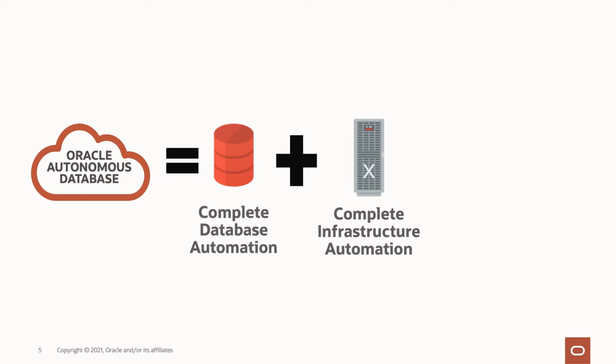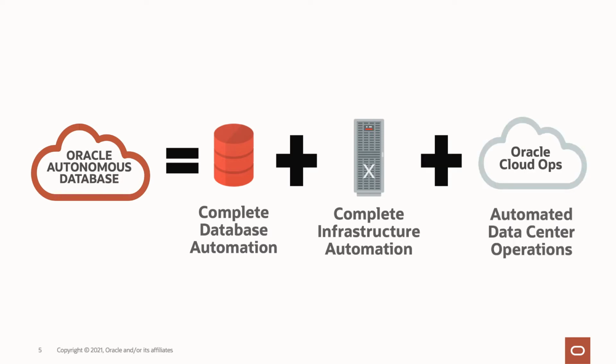So these two sets of automation combined with our cloud operation automation is the crux of autonomous database, where we use fairly sophisticated algorithms and machine learning to predict outages and diagnose logs to fix automatable problems or alert the necessary operating team.